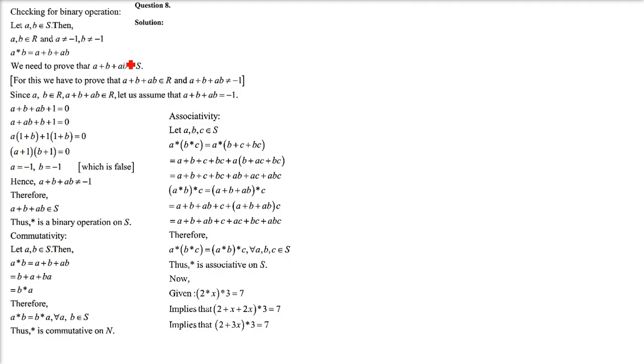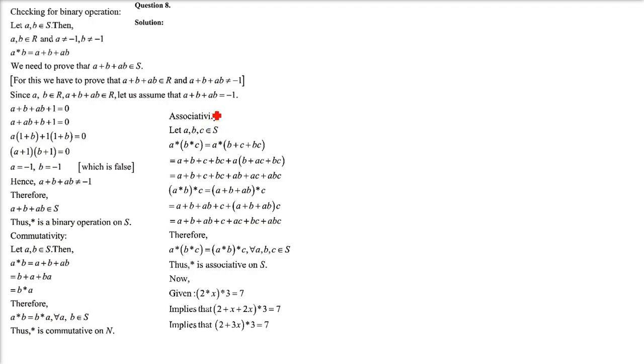Question number 8. The first part is absolutely the same as question number 4, so I'm going to skip certain parts of it, but some things need explanation.